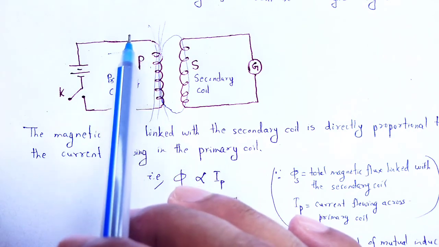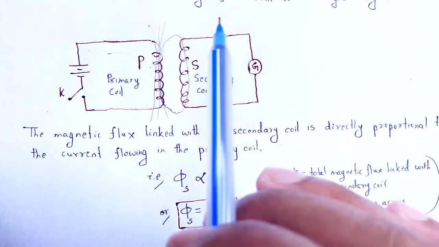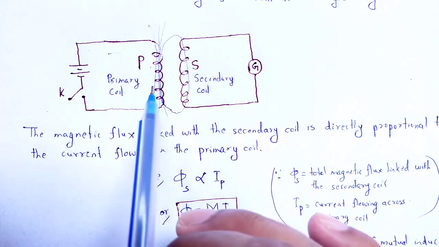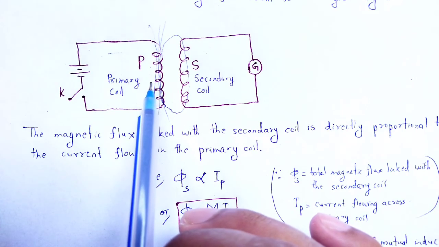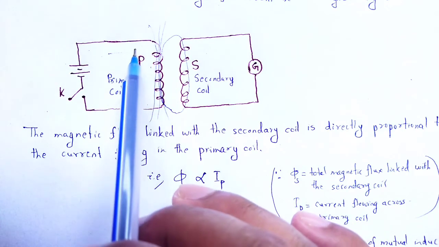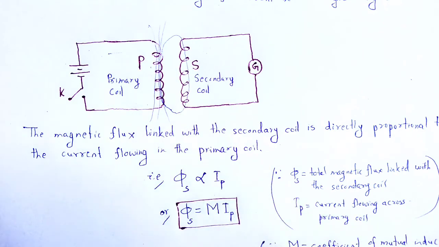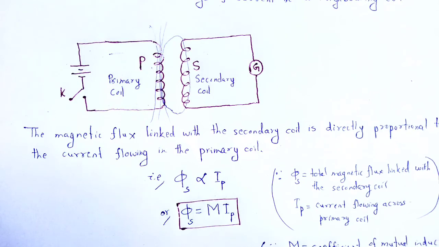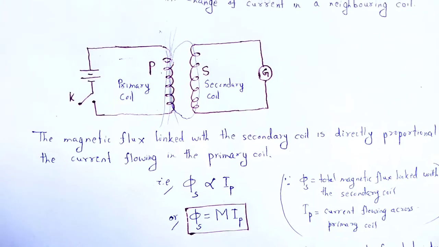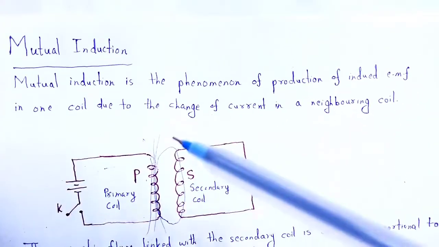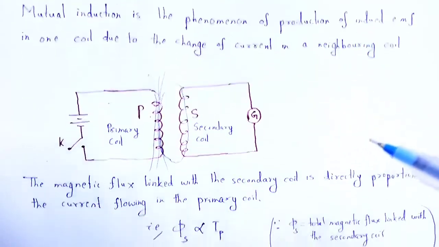So in the total mutual inductance process, both in the primary and secondary coils, self induction and mutual induction occur simultaneously. Okay. In this way, we define the process of mutual induction.